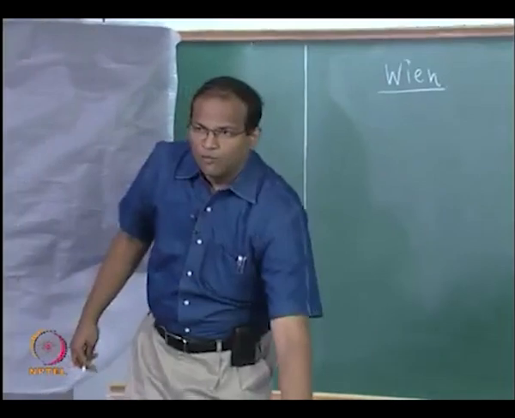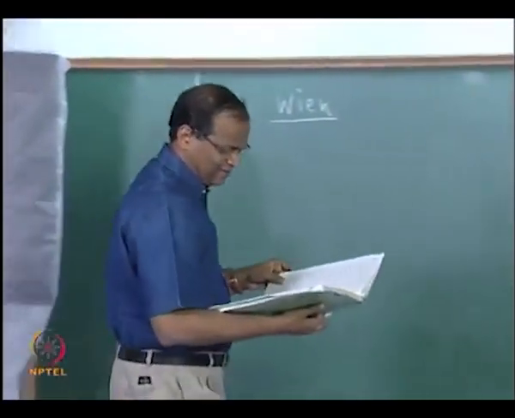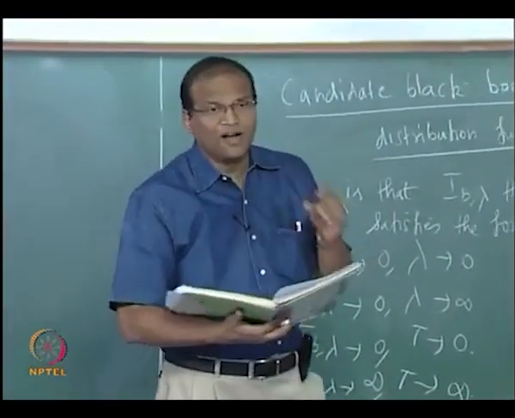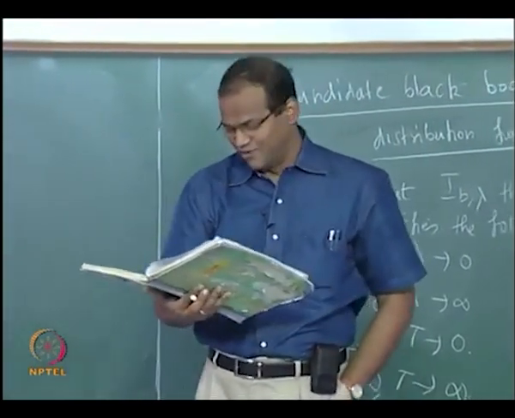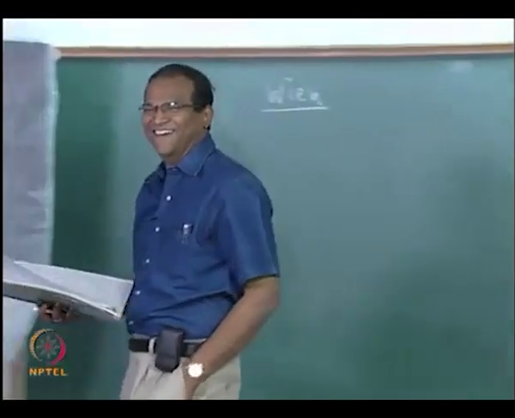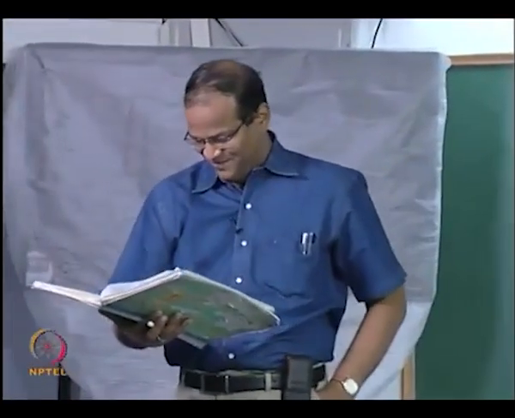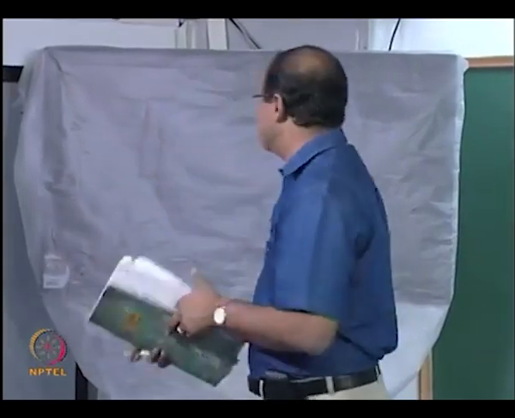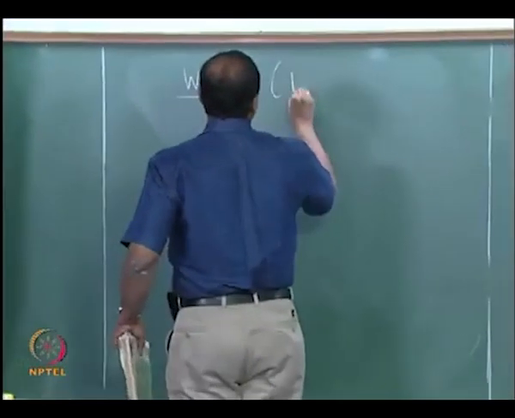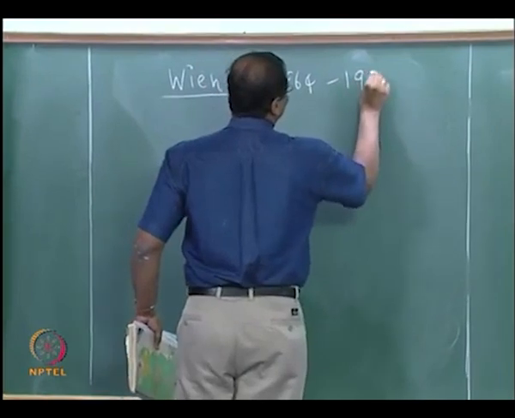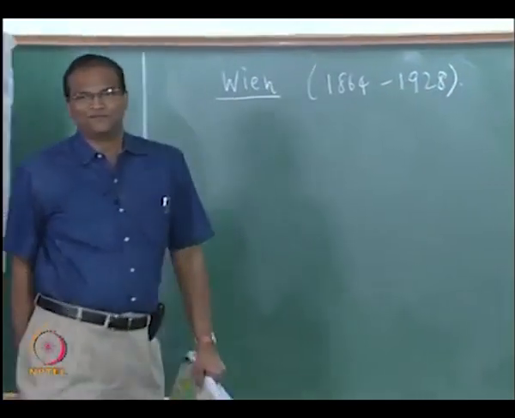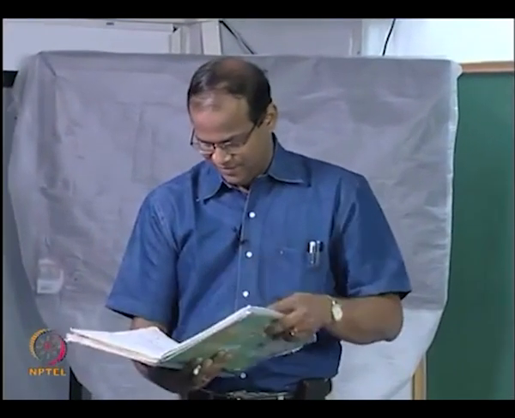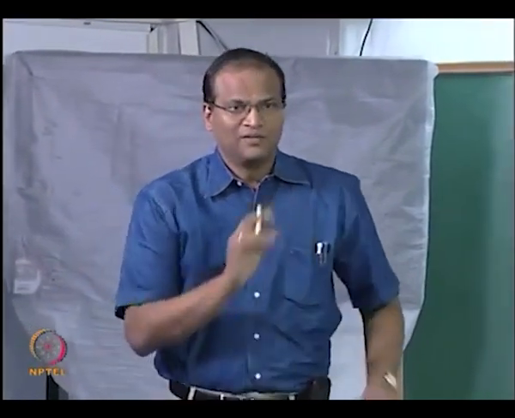So Wien was the first to come out with a distribution. Wilhelm, Karl, Werner, Otto, Fritz, Franz, Willy, Wien, 1864 to 1928.